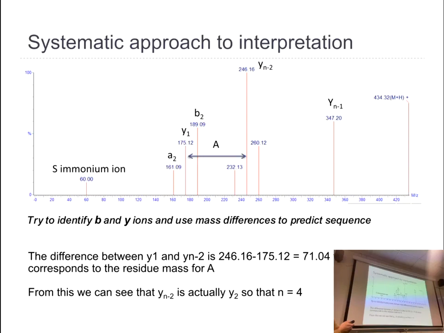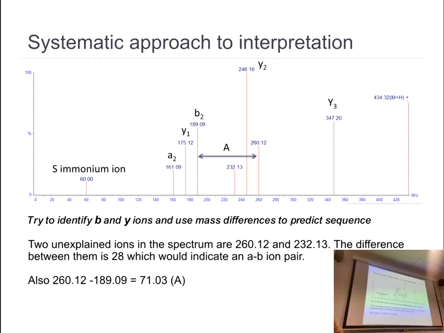Y2. So this is Y1 and this is Y2, N equals 4. So this is now your Y1 ion, your Y2, your Y3, and your Y4. The ones that are unexplained are this ion here and this ion.